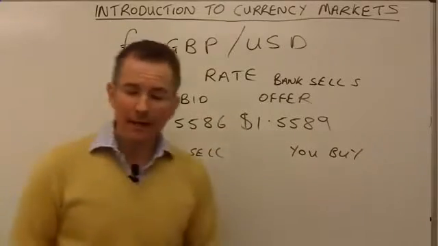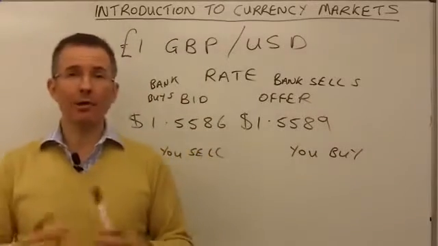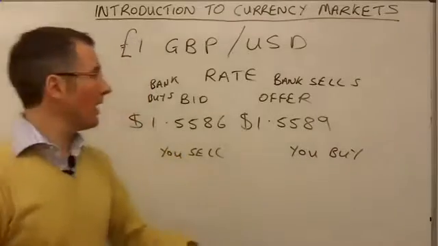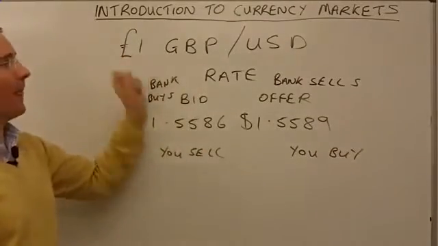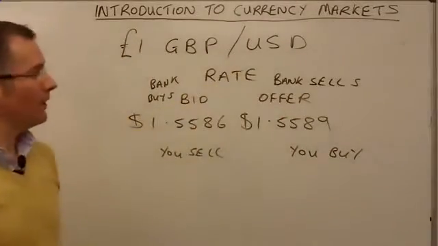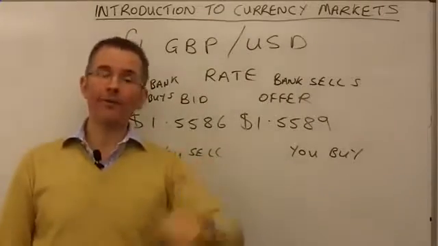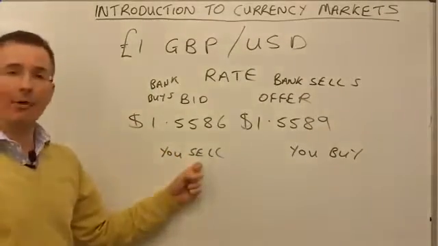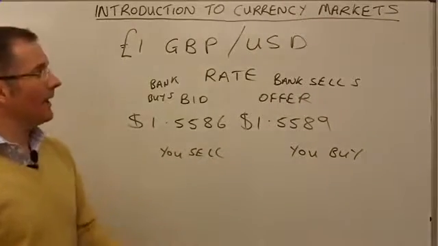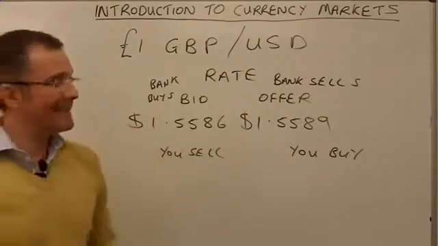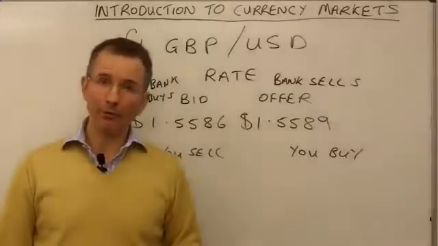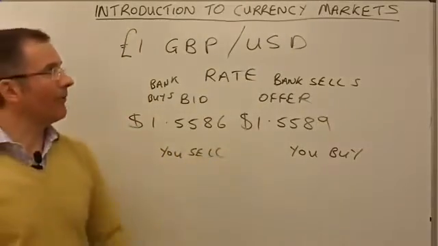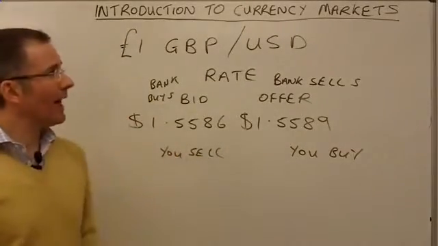Or put it even more simply, everybody in the markets is trying to rip you off. So if you're trying to dump £1 and turn it into dollars, you'll get as few dollars as whoever this is can give you. And that means that number of dollars. Equally, if you're looking to buy, they'll make it as difficult or as expensive as possible for you and use the opposite rate. So, watch out for that.